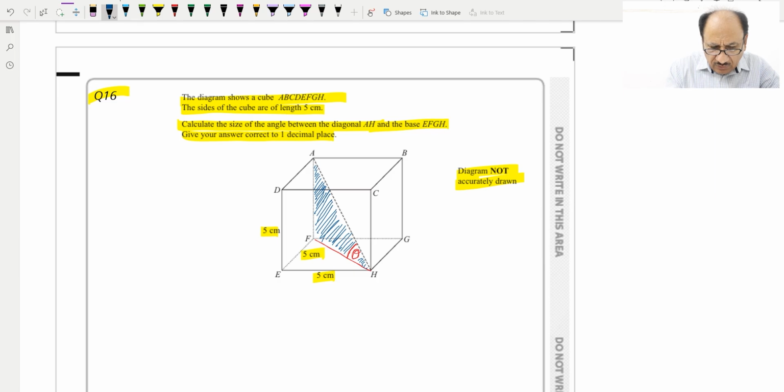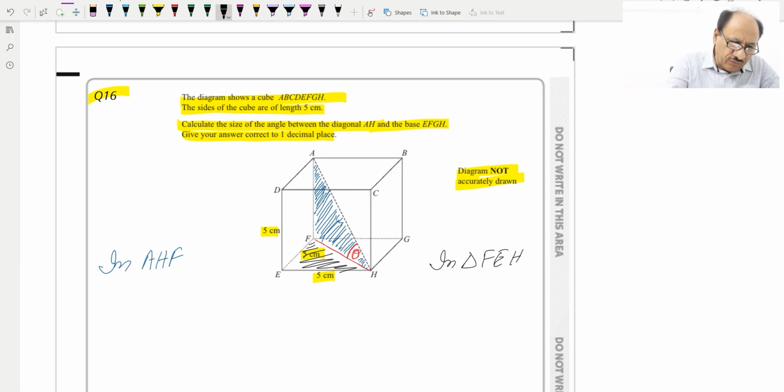So this will be the triangle which we will be considering, triangle AHF. We can apply Pythagoras theorem, but first we need to find FH. We don't have FH, so we will take the other triangle, triangle FEH, and apply Pythagoras theorem.